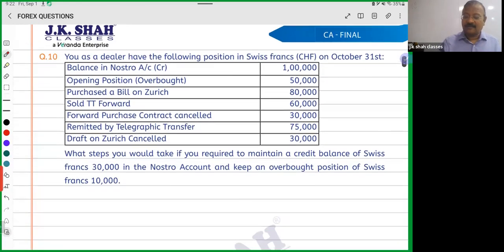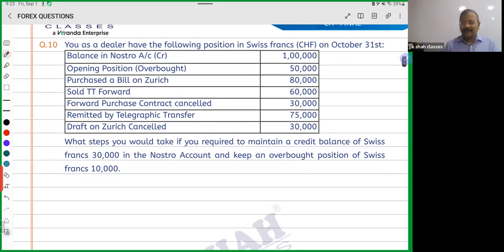Question 10. You as a dealer have the following position in Swiss francs. So we are preparing the Nostro account for Swiss francs. On October 31st, balance in Nostro account, opening position overbought.